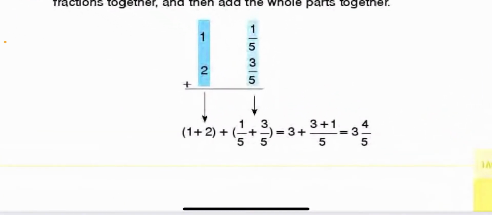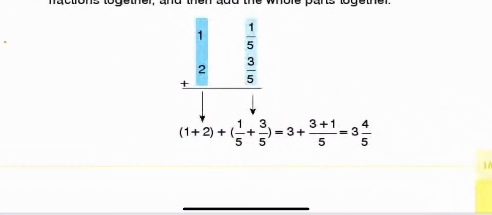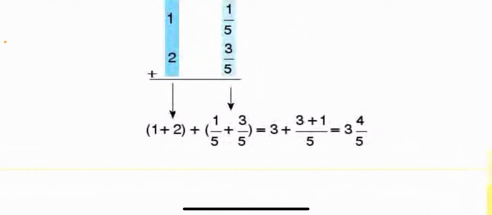When we add just a whole number to a simple fraction, we add it just as it stays, like 3 plus 4 over 5 will be just 3 and 4/5.